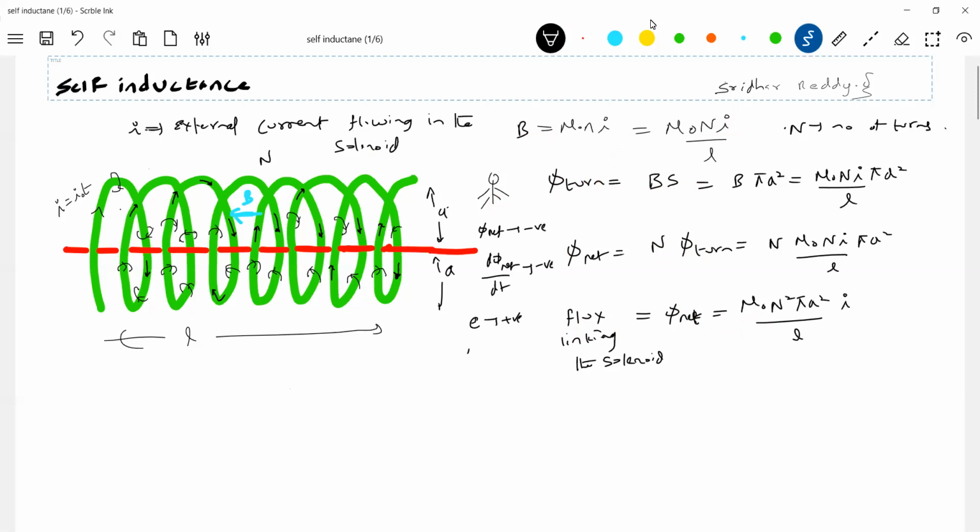So tell me, will there be any induced current in the circuit? Yes, there will be an induced current. In what direction should it be? According to this person as an observer, anti-clockwise. So anti-clockwise means in what direction should I push a current? I should bring an induced current in this way.